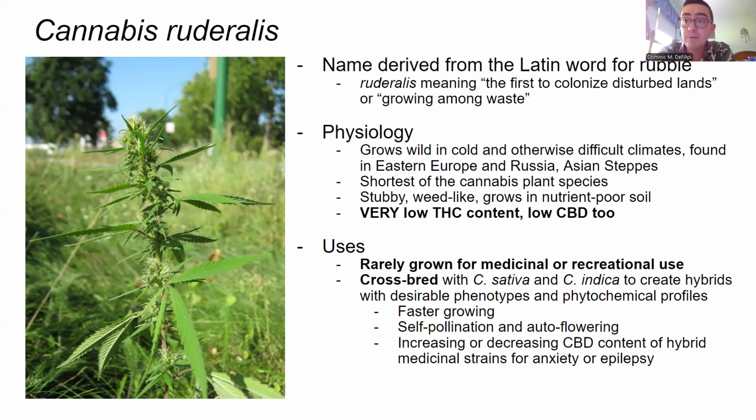Well, even though it's rarely grown for medicinal or recreational use, cannabis ruderalis is often crossbred with cannabis sativa or cannabis indica to create hybrids with desirable phenotypes and phytochemical profiles. What does that mean? Let's say I am a hemp farmer in Iowa, because they can farm hemp. Hemp is made from the cannabis sativa species.